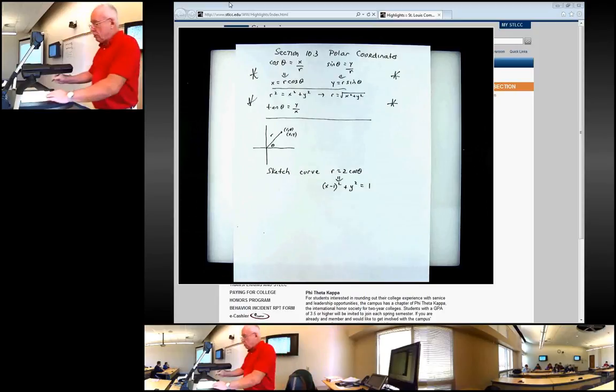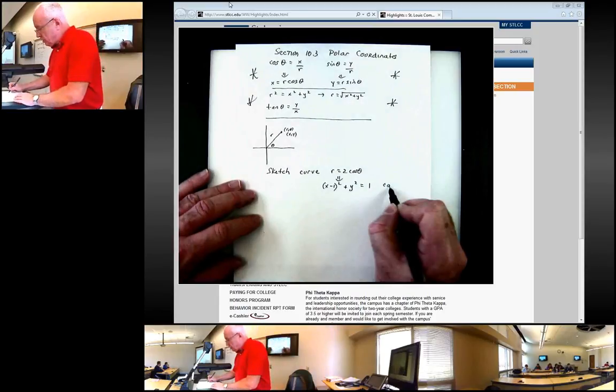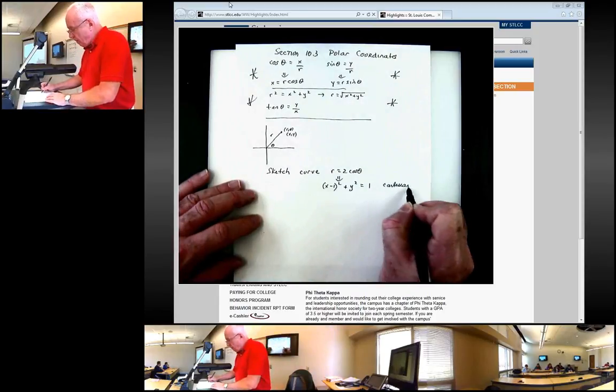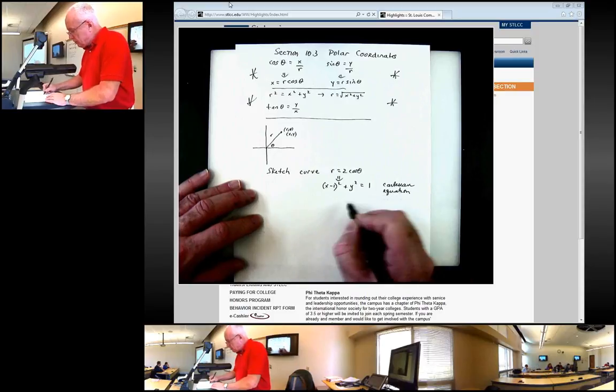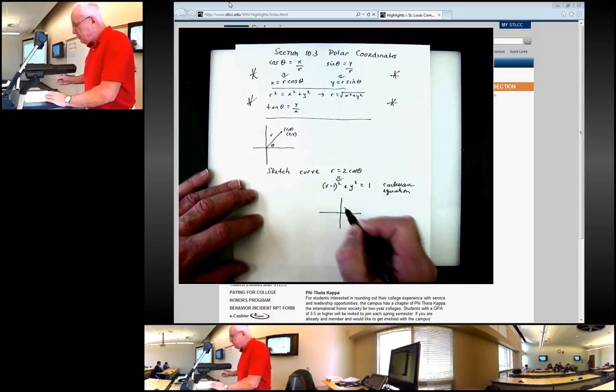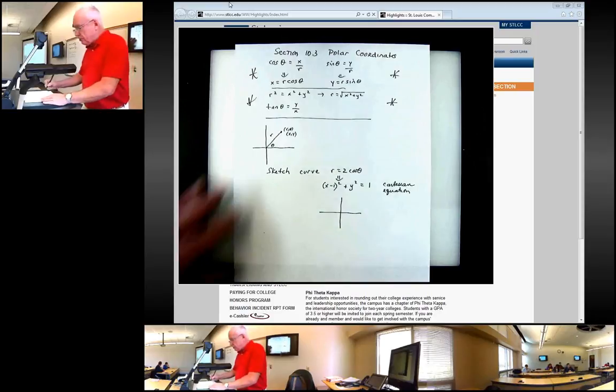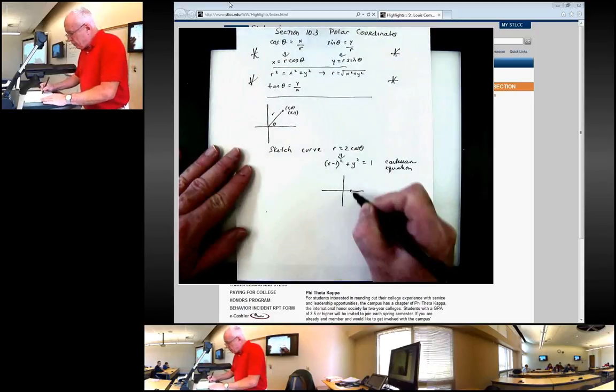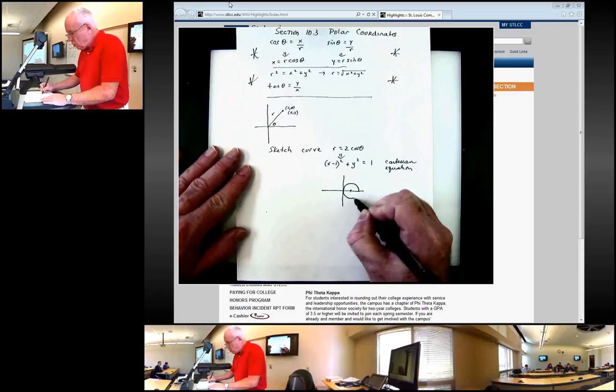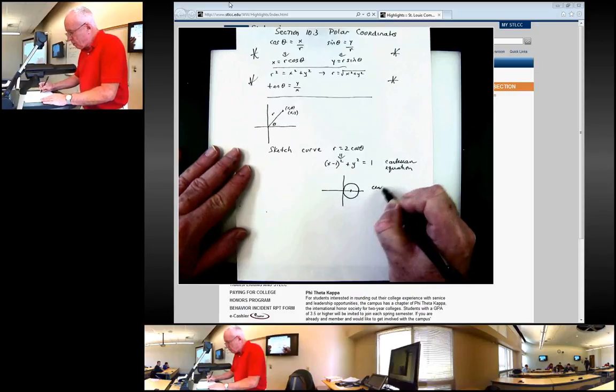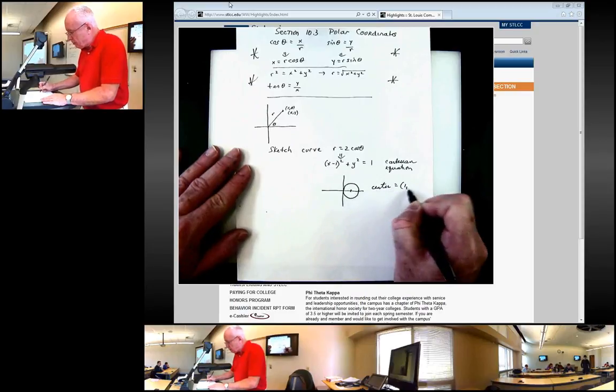This is the Cartesian equation. And of course, this is a circle with a center of 1 comma 0. So it's a circle like this with a center equal to 1 comma 0.